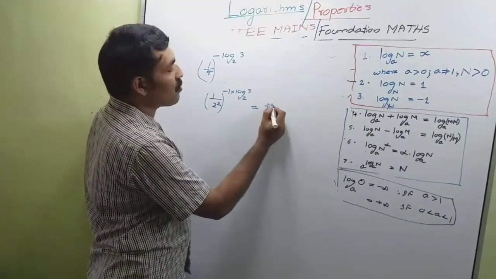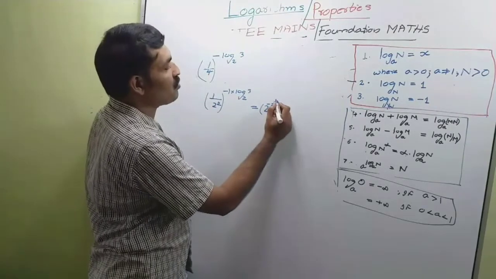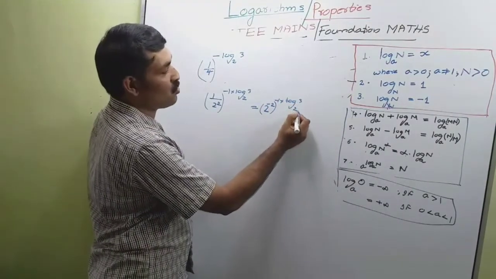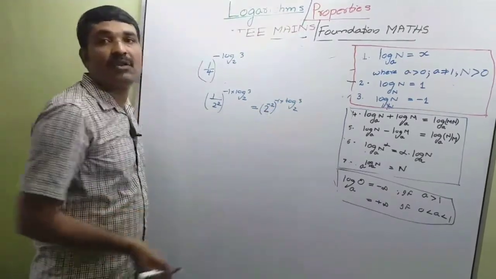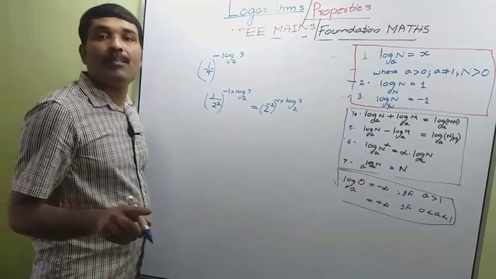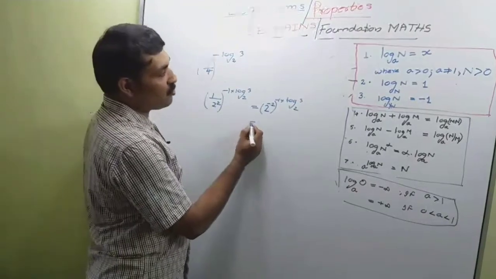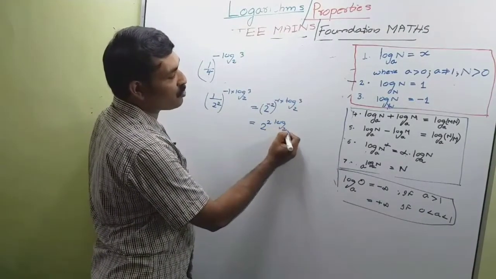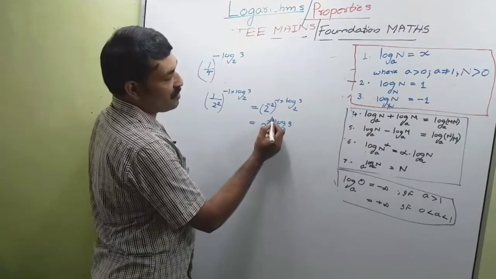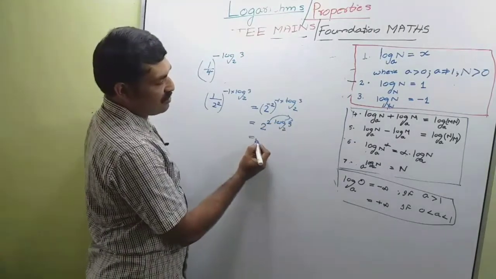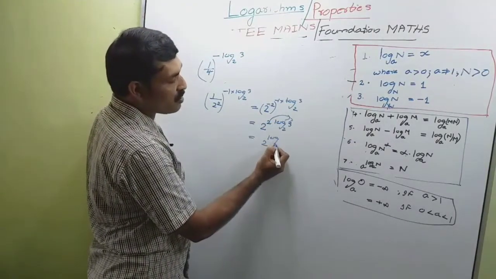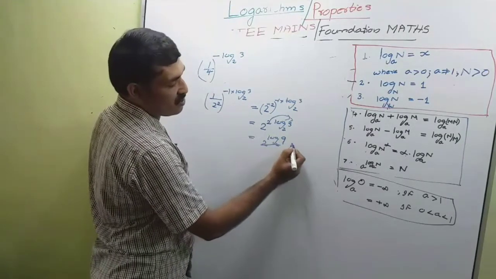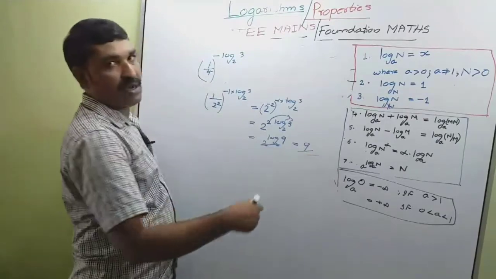So 2 raised to minus 2, the whole raised to minus 1 into log 3 to the base 2. This minus 2 into minus 1 becomes plus 2. That is equal to 2 raised to 2 log 3 to the base 2. This 2 goes to here. So this is equal to 2 raised to log 2 of 3 square. 3 square is 9. This 2 and 2 get cancelled. So the answer is equal to 9.